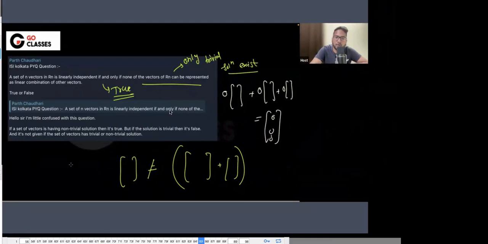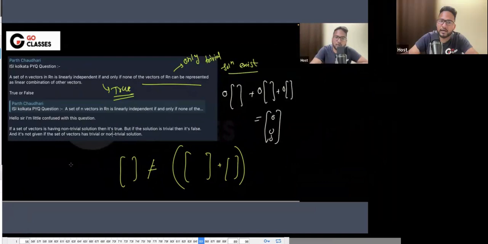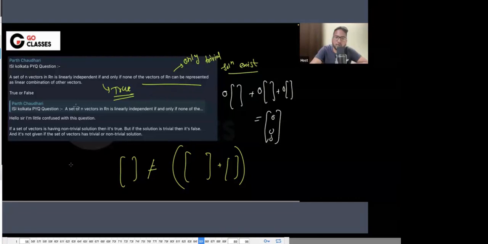So let's say A is equal to cV plus dW. If it is represented like that, it is linearly dependent. So basically, if you can't represent a vector as a linear combination of other vectors, then these are linearly independent.